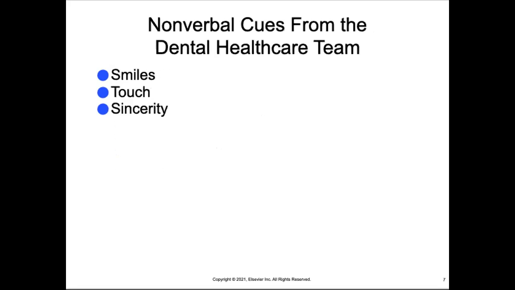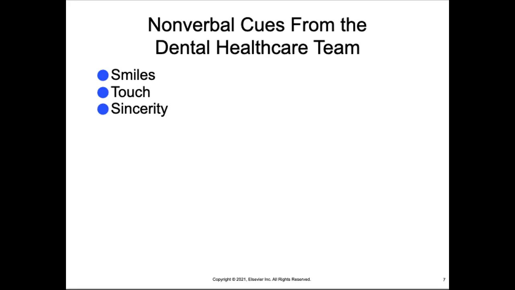Nonverbal cues from the dental healthcare team that you can use to help with communication include smiles, touch, and sincerity. So caution should be taken to send only positive cues. Smiles always communicate a positive thought. Touch can convey a message of warmth, reassurance, understanding, and caring.